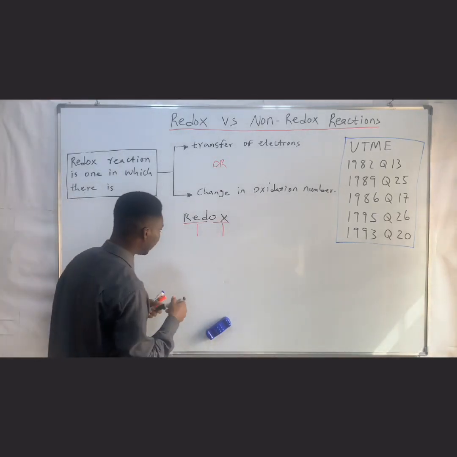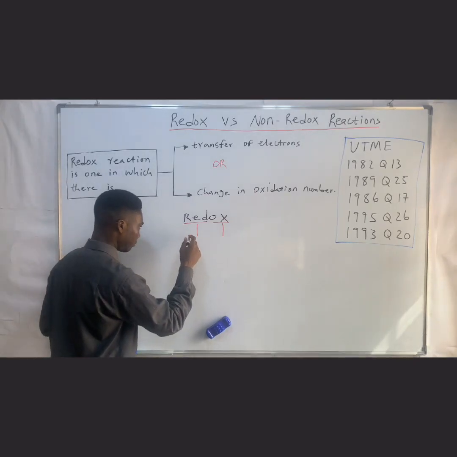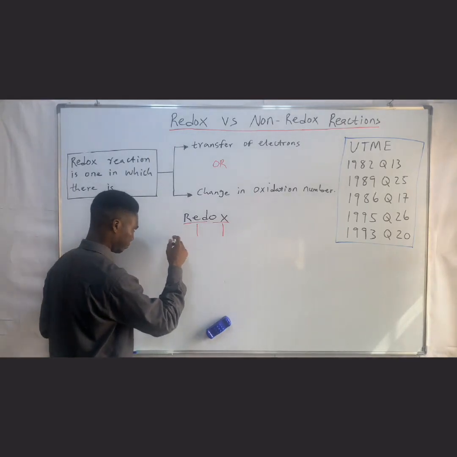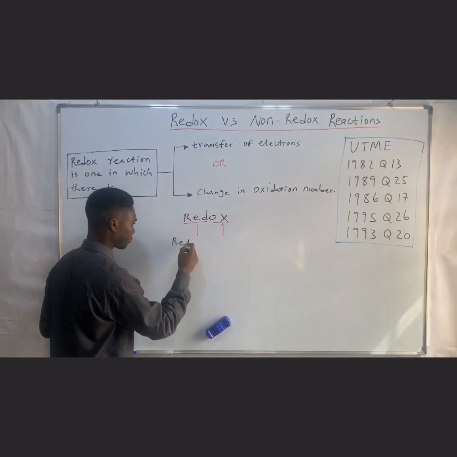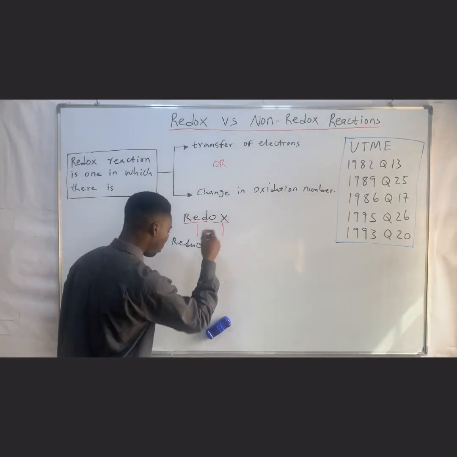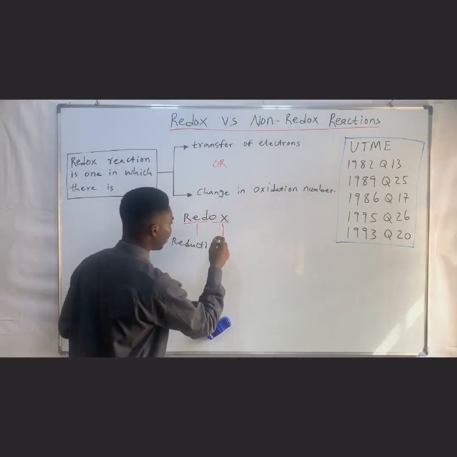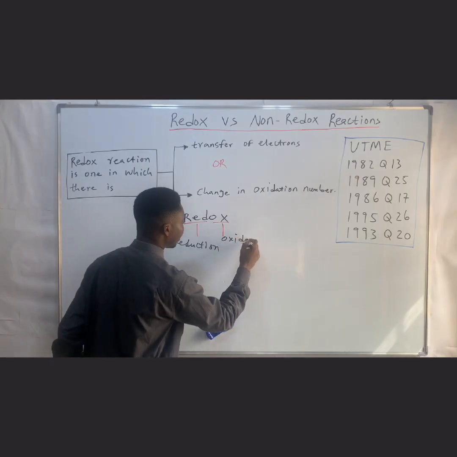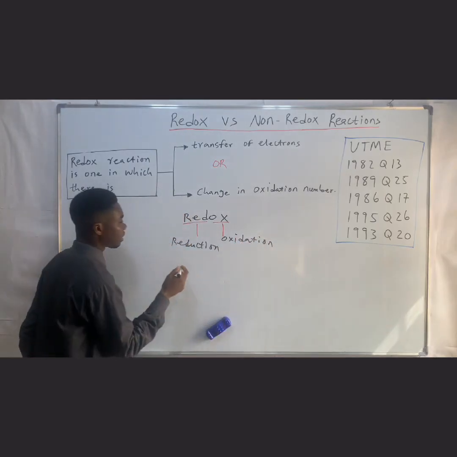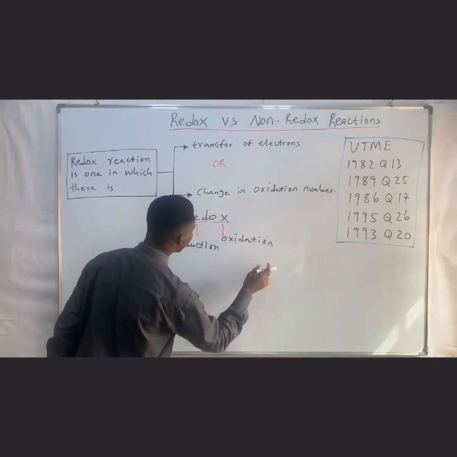Red is indicative of reduction, and ox is indicative of oxidation. So you can call it a reduction-oxidation reaction.